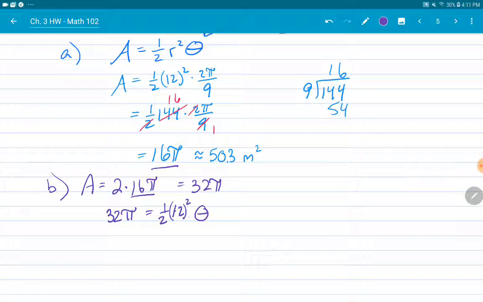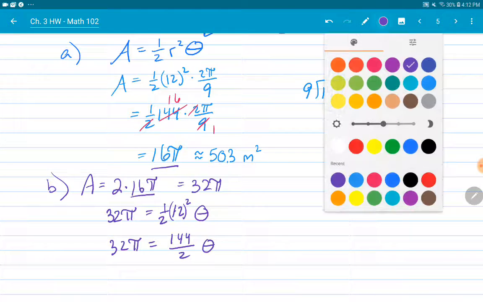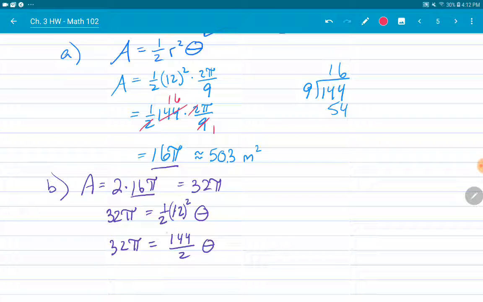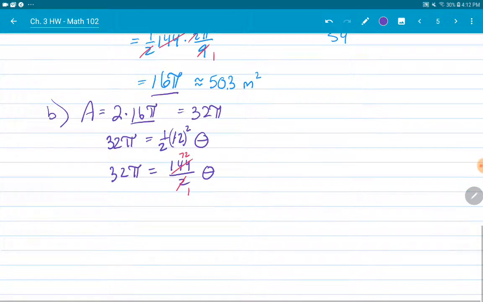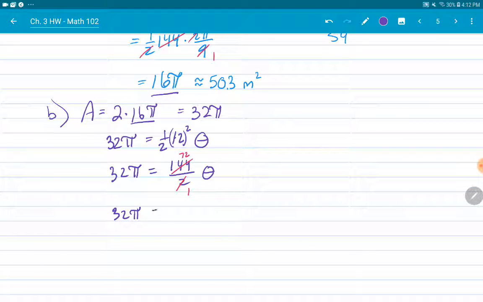So then I get, let's see here, 32 pi equals 144 divided by 2. I'm going to multiply both sides by the reciprocal of that. Actually, I'll just reduce it. So that's 72. So that gives me 32 pi equals 72 theta. To get theta by itself, divide both sides by 72.